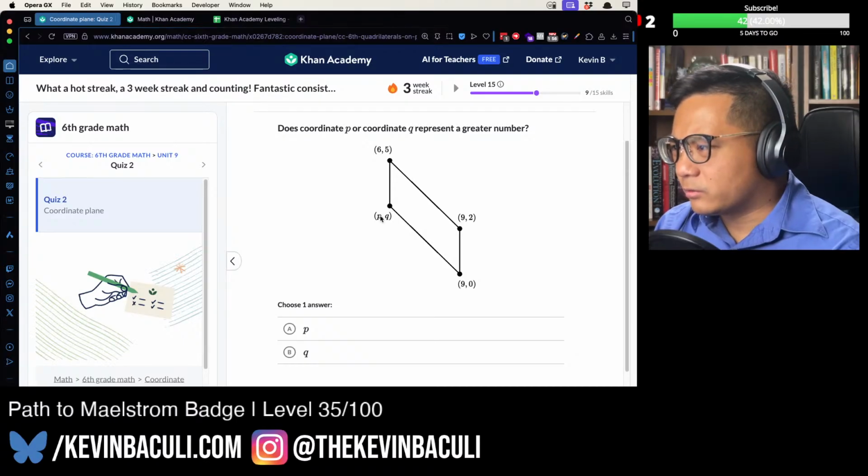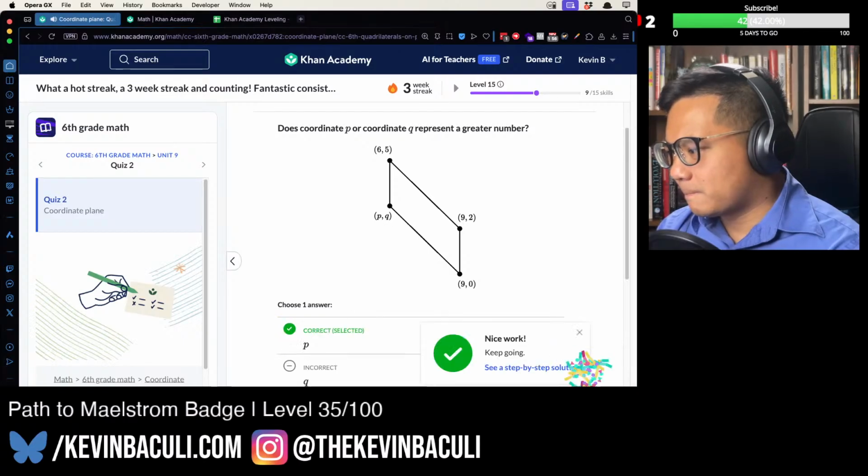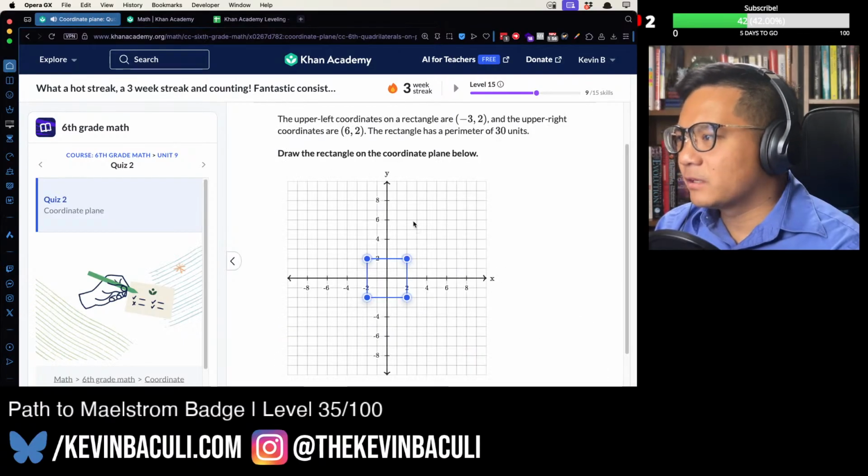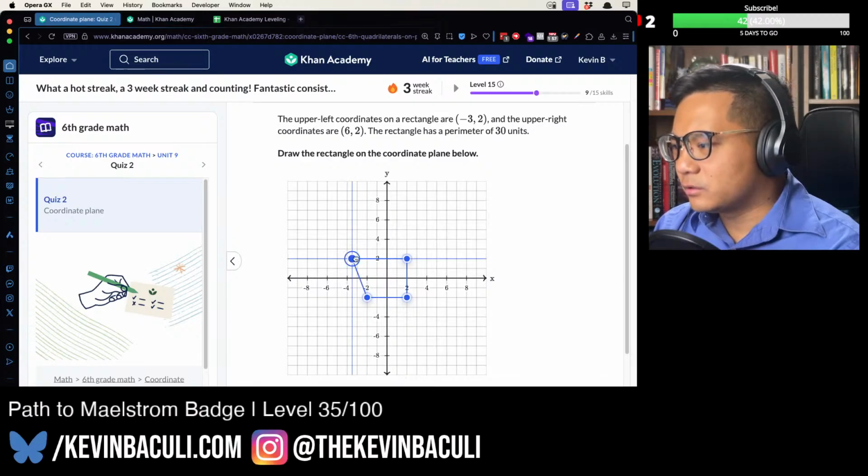Is it coordinate P or coordinate Q? P. The upper left coordinates of a rectangle are negative 3, 2. Upper right coordinates are 6, 2. So this is 3.